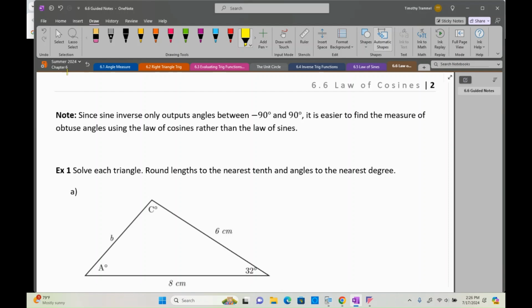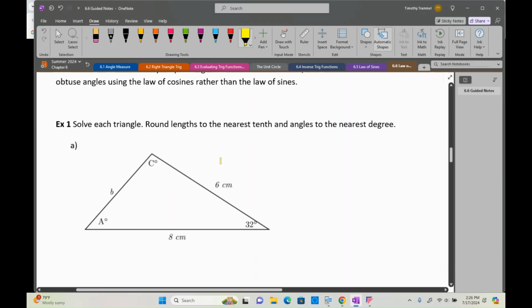So cosine inverse is really good, or maybe I should say law of cosines is better for finding obtuse angles than the law of sines is, because you don't have to accommodate for the fact that your inverse trig function maybe won't give you the angle you're looking for. Now, sometimes we don't have a choice and we have to use law of sines maybe to find that obtuse angle. But if you can avoid it, use law of cosines for the obtuse angles.